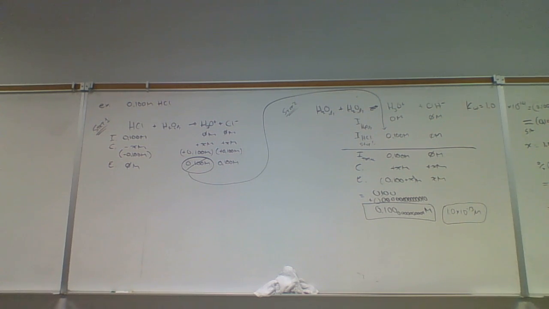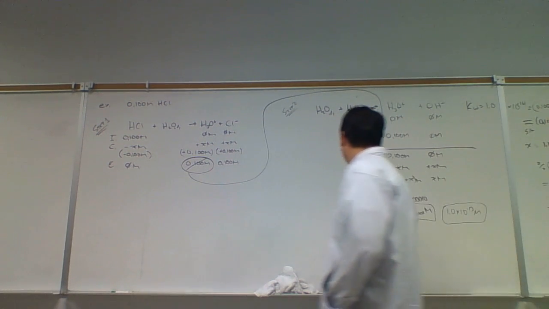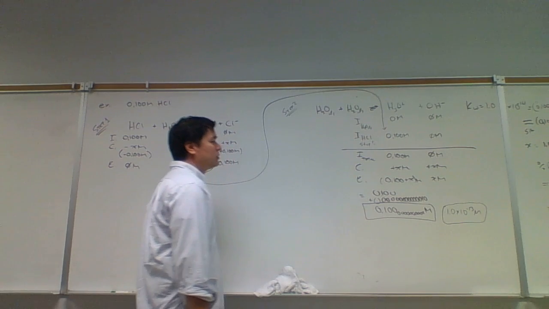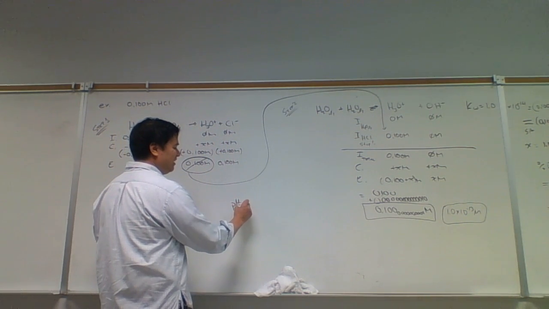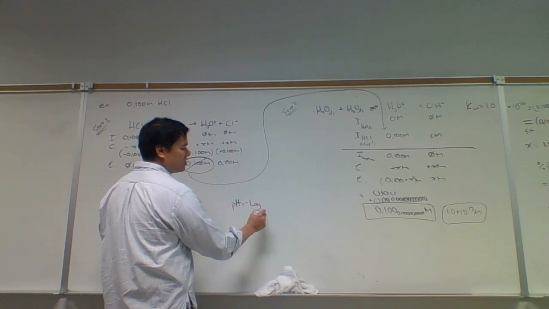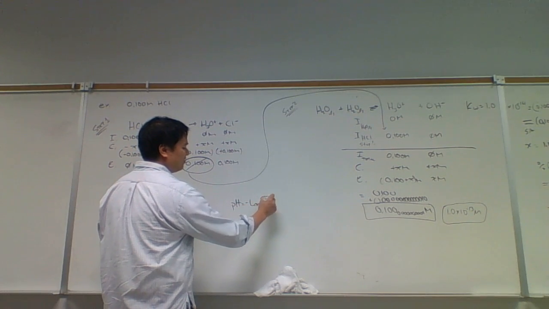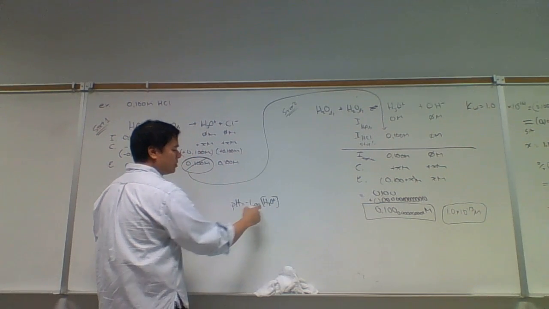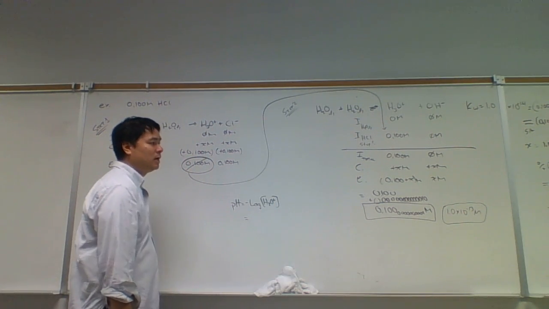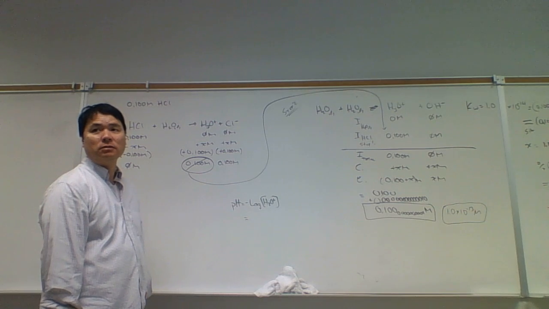All right, now we're interested in the pH of this. And often we're interested in the pH. pH is equal to the negative log of the hydronium ion concentration. And so we'll plug in the hydronium ion concentration here, and we'll get a pH. What does the pH come out to?